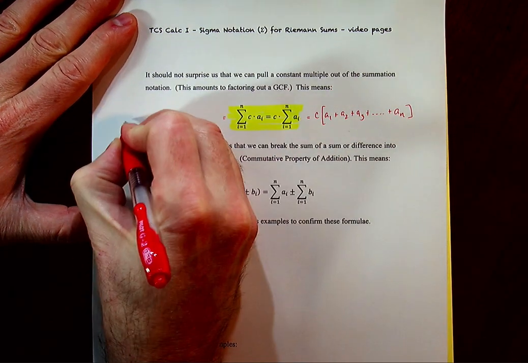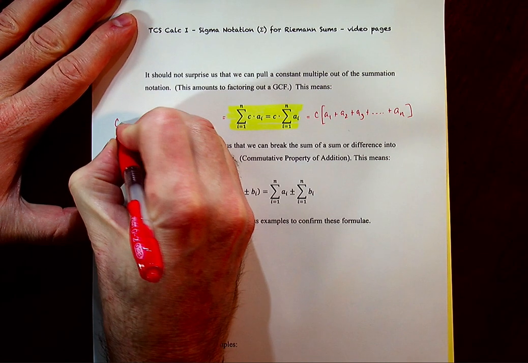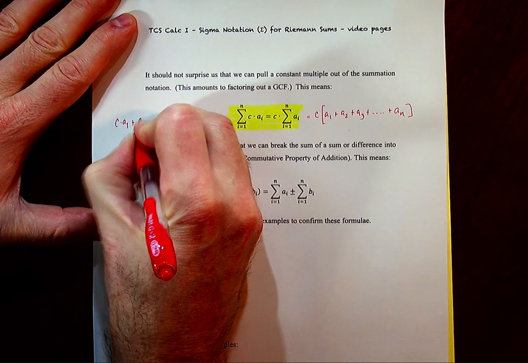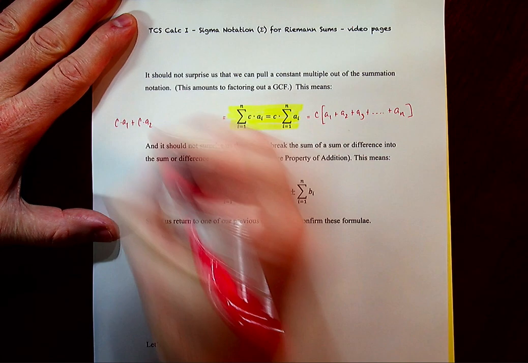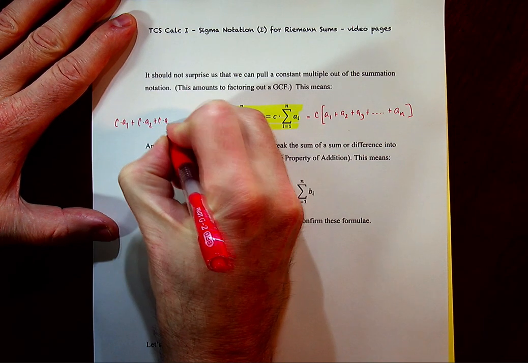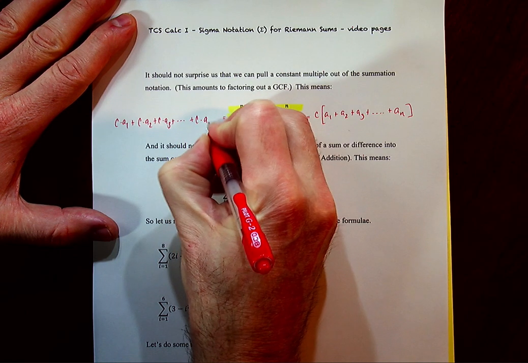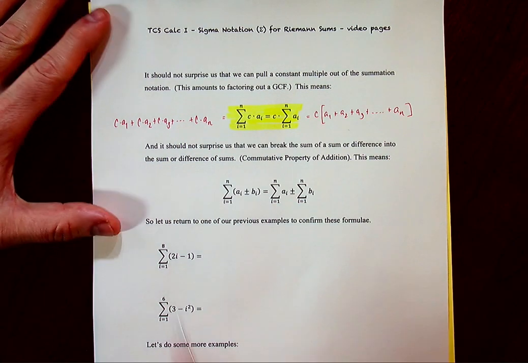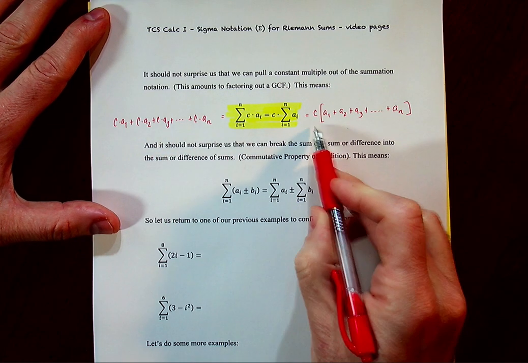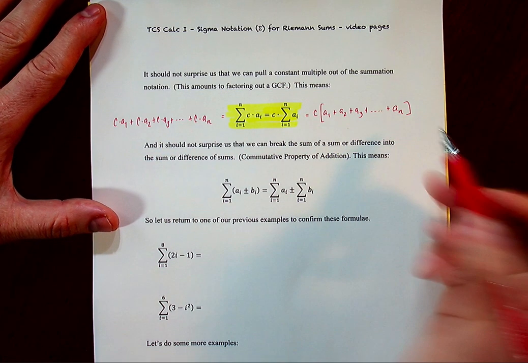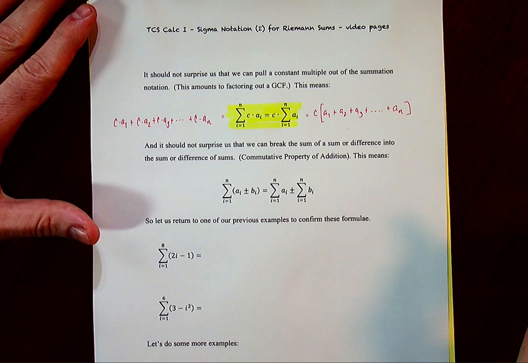And over here, this would have just been C times a sub 1 plus C times a sub 2 plus C times a sub 3 plus dot dot dot plus C times a sub n. And you notice that the only difference between this and this is just factoring it out, okay?